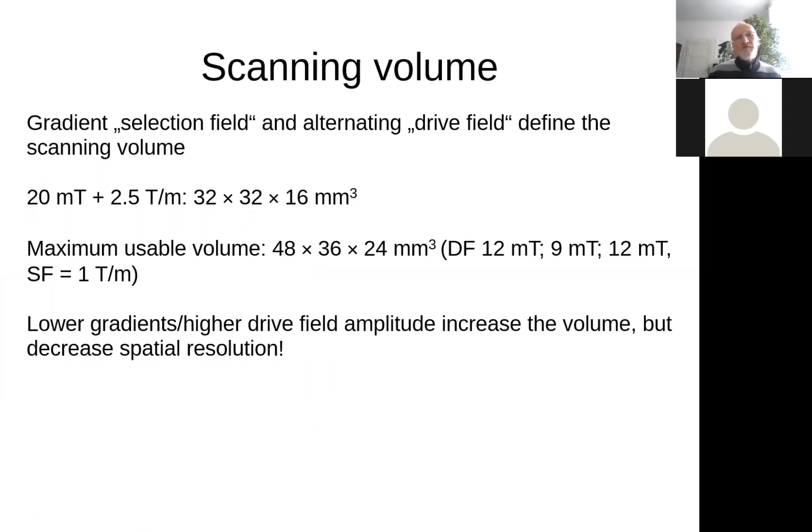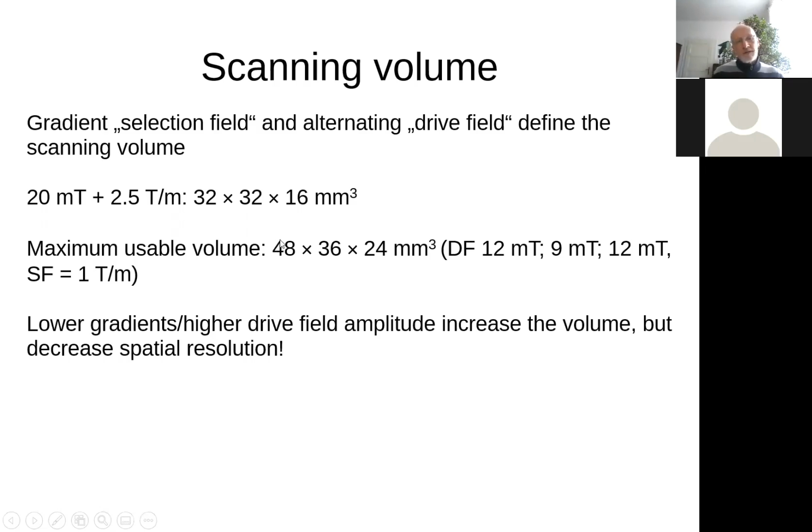I already mentioned before that the scanning volume is given by the amplitude of the drive field and by the strength of the selection gradient field. Altogether, our machine enables a maximum usable volume of something like 48 millimeters times 33 times 24. And it's a pretty small volume. It's almost not enough for a mouse.